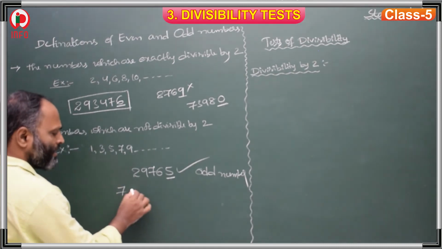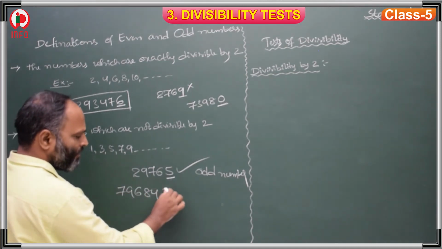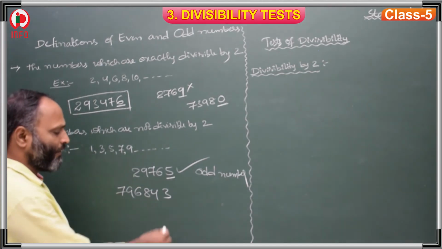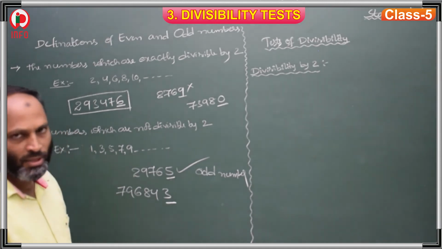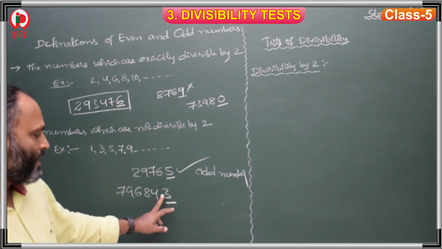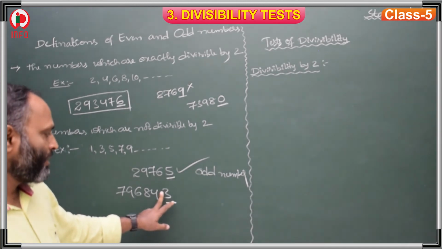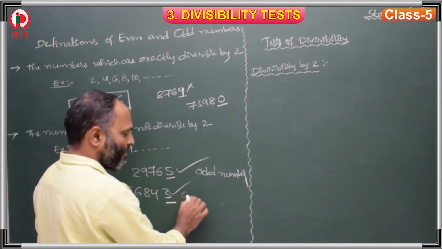Then 7, 9, 6, 8, 4, 3. Either this number is even or odd. We have to check the ones place. In the ones place 3 is there. If 3 is in the ones place, this is an odd number. So this complete number is an odd number.